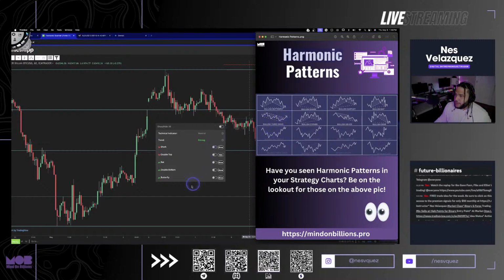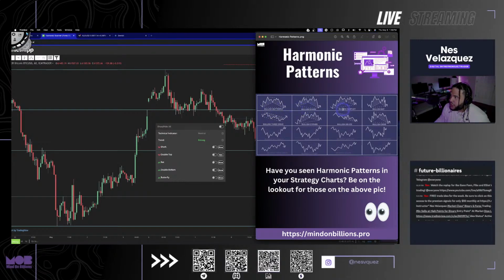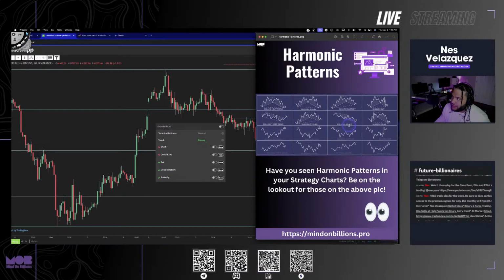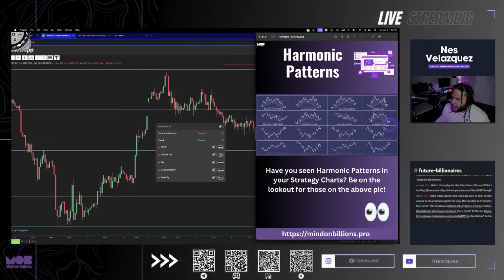So very similar to the other candlestick patterns, you're going to have your bullish and your bearish patterns. So you have the bullish butterfly, the bullish shark, the bullish Gartley, the bullish bat, the bullish 3-drive, the bullish cipher, bullish ABCD, bullish crab.